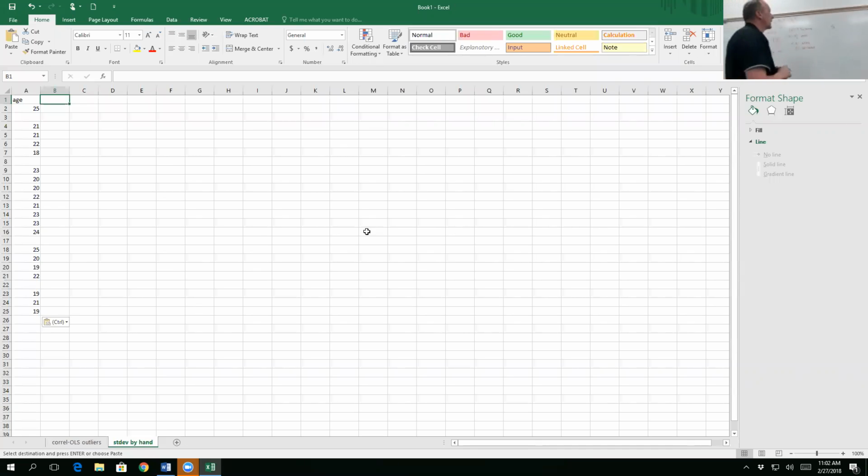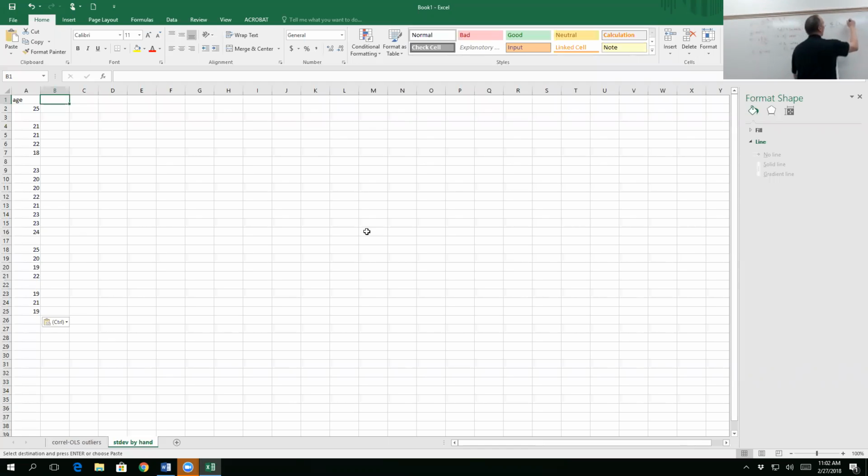Okay? S equals the sum. I don't think data minus mean is what I'm going to give you for the formula. Xi minus what?